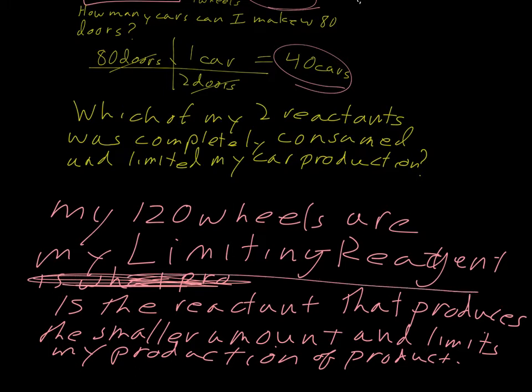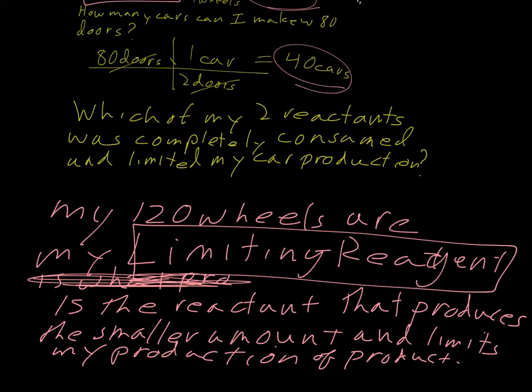You'll also see the limiting reagent defined in several textbooks as the reagent that's consumed first, but let's just say I'm not at equilibrium with that definition. But it's the reagent that limits my production. So in this example, my 120 wheels would be my limiting reagent.